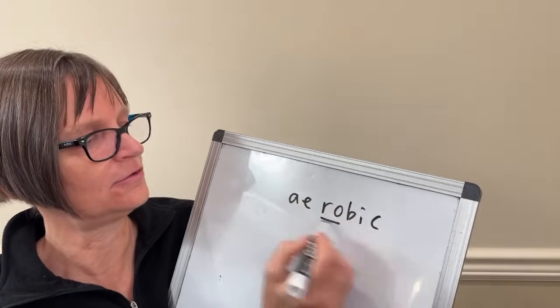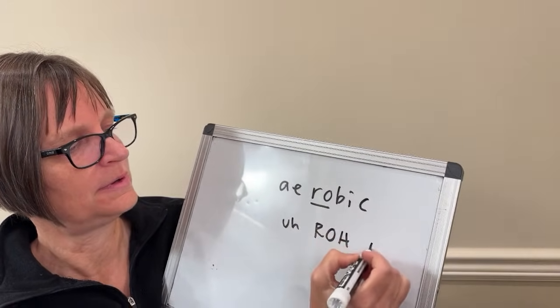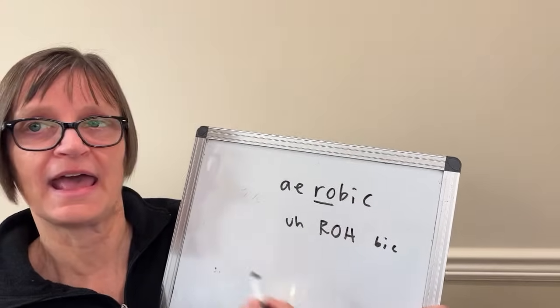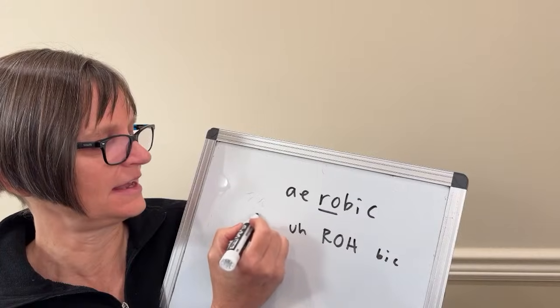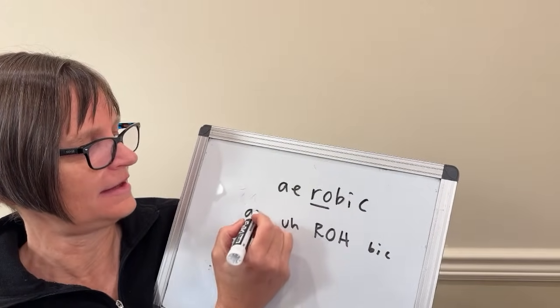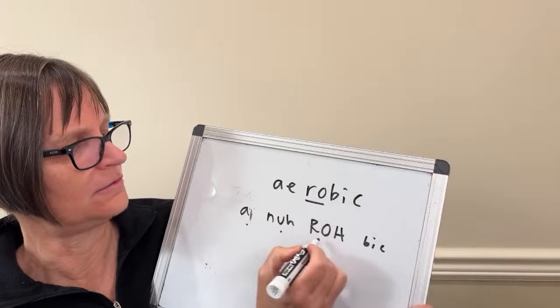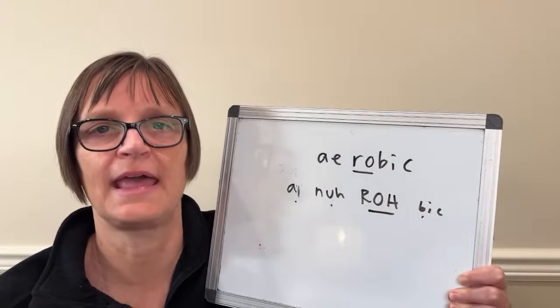So AE, aerobic, sounds like aerobic, and then anaerobic just sounds like it has the A vowel, and we'll add the N here. So it'll be like anaerobic. So aerobic and anaerobic.